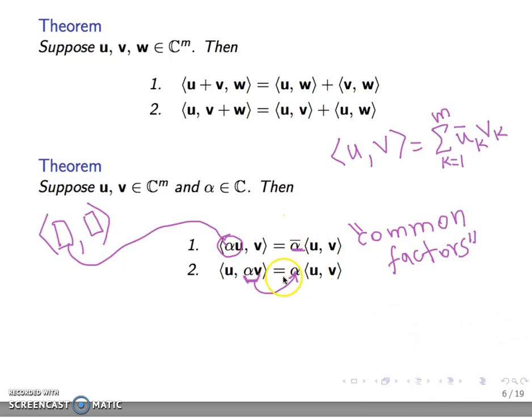And something like that is what's happening here, pulling them out of the inner product, in front of the inner product. But you have to be mindful. In some cases, you have to conjugate the scalar. In some cases, it is the scalar itself that is being pulled out in a similar fashion to a common factor.